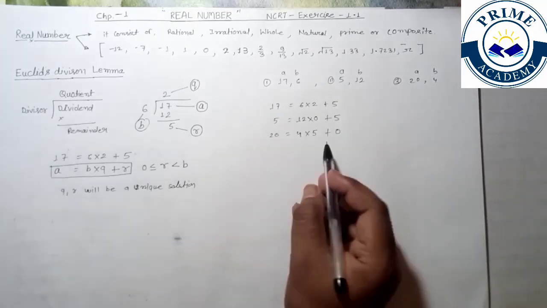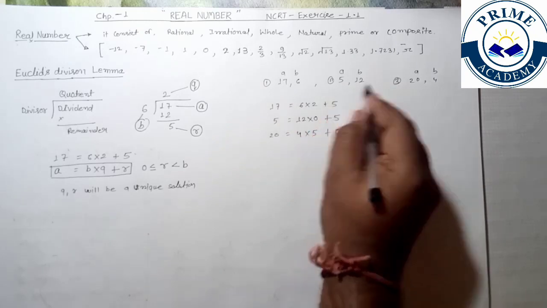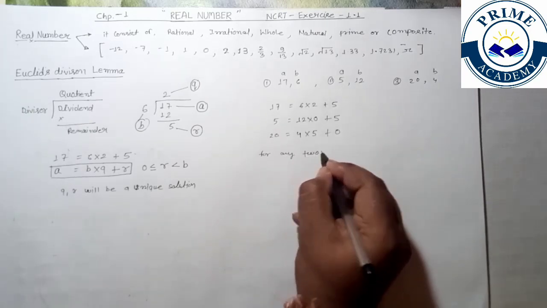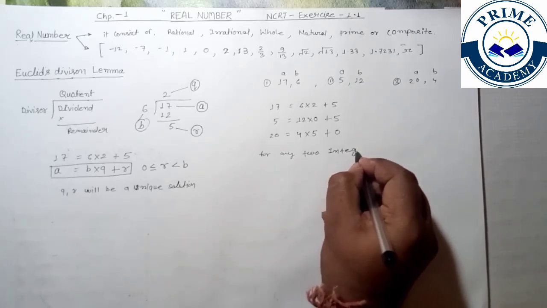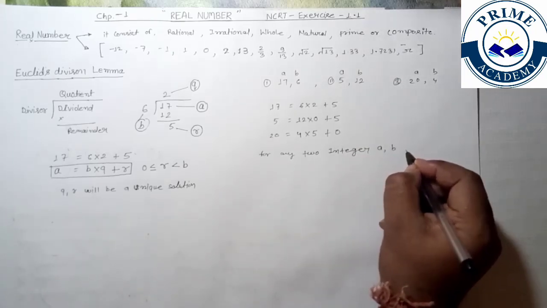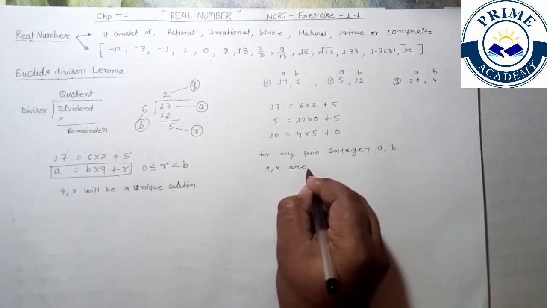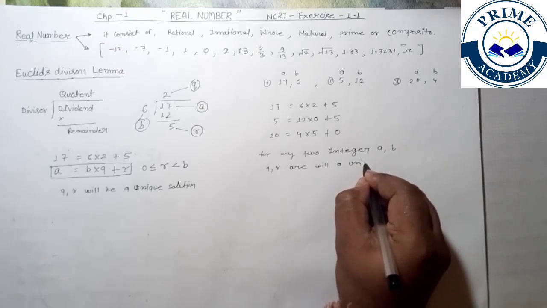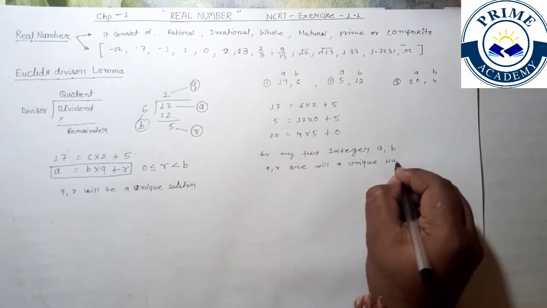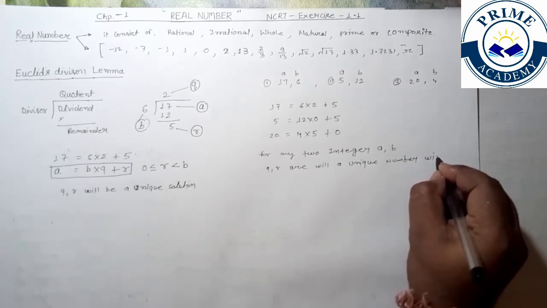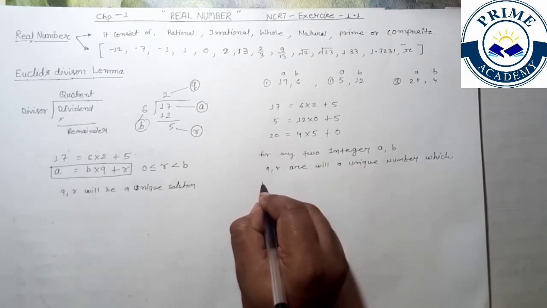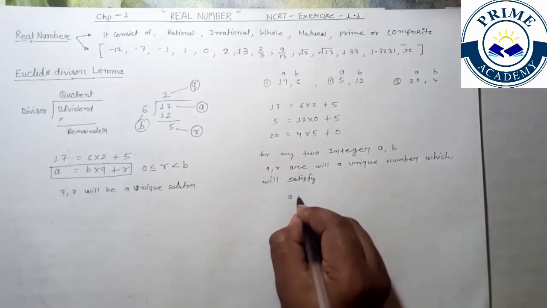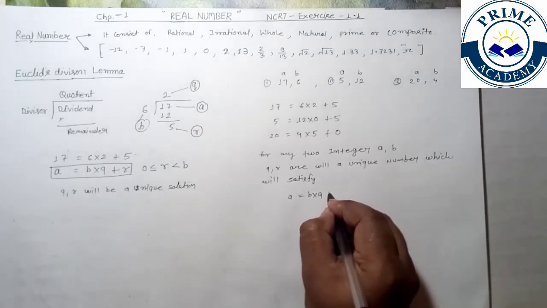So from all these three examples we have seen that for any two integers a and b, q and r will be a unique pair of numbers which will satisfy a equals b into q plus r.